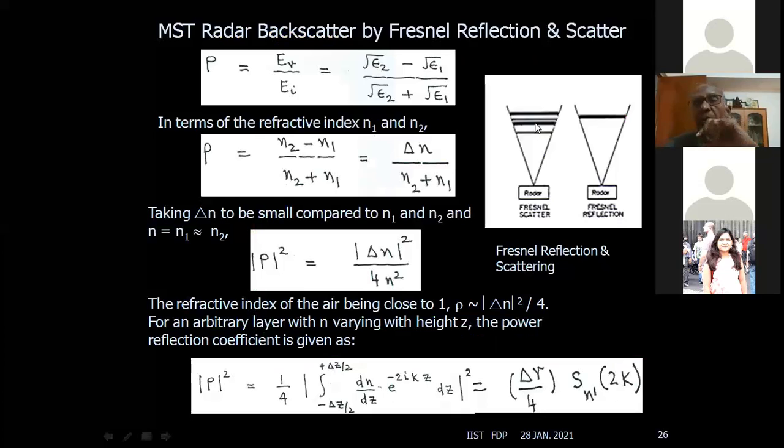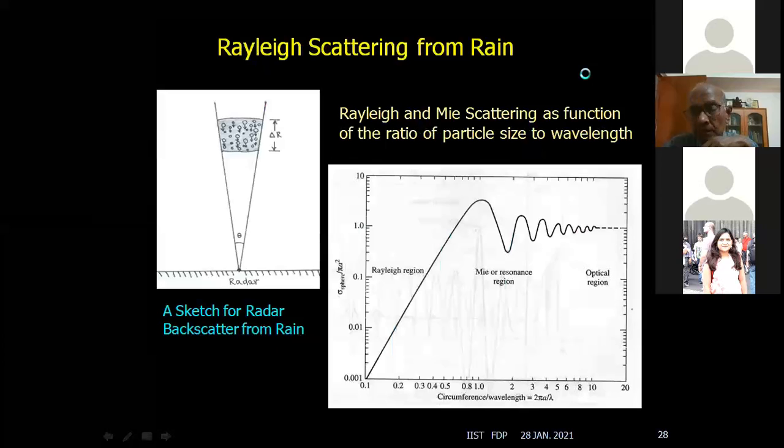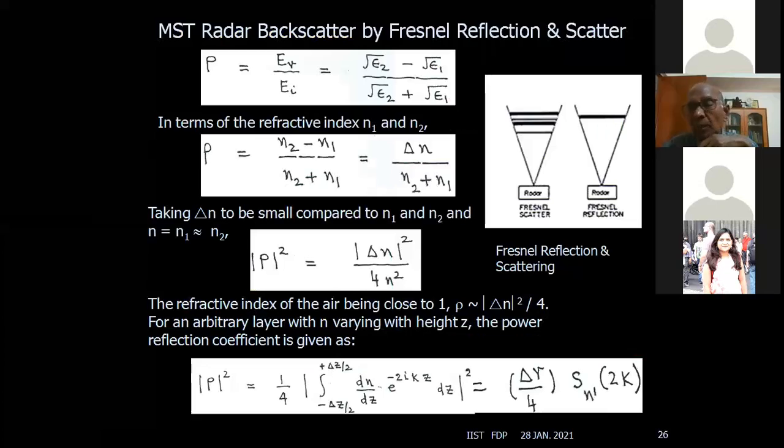If you take the vertical wave number spectrum of the gradient of the refractive index, you take the power spectrum of that, and it is proportional to that. It's a bit involved derivation, but it is similar to the turbulent backscatter. There it is the power spectrum of the refractive index, and here the power spectrum of the gradient of the refractive index for Fresnel backscatter.